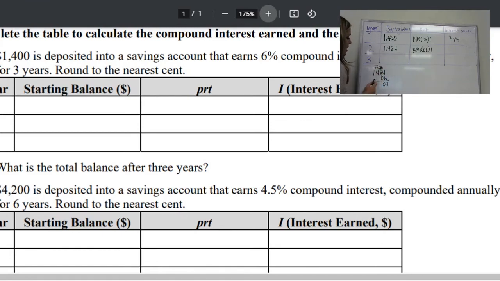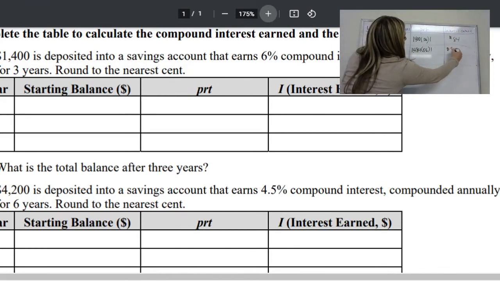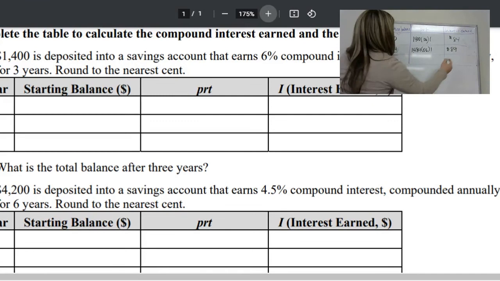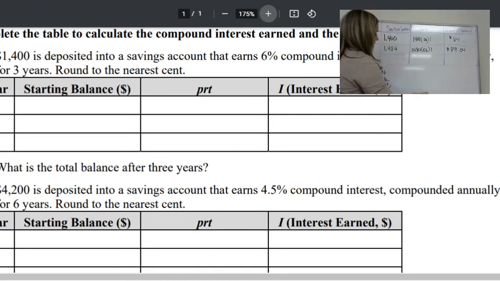The 5 got to go. 4 times 6 is 24, and 24 plus 5 is 29. The 9 can stay. The 2 got to go. 1 times 6 is 6, and 6 plus 2 is 8. And we've got 2 decimal places. So now the interest earned is $89.04.